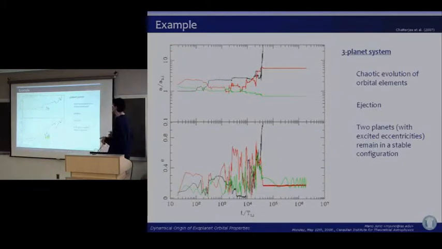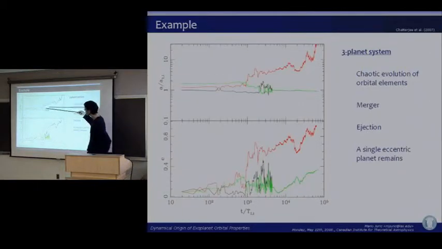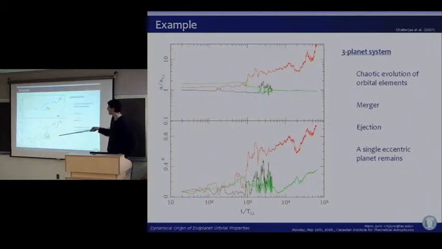Another more complicated example is where you again start with a 3-planet system. You start with 3 planets, then the inner 2 actually change places. Then the outer 2 change places as well. What are now the inner 2 interact and collide and merge, and continue with little change in their orbital parameters except for eccentricity.